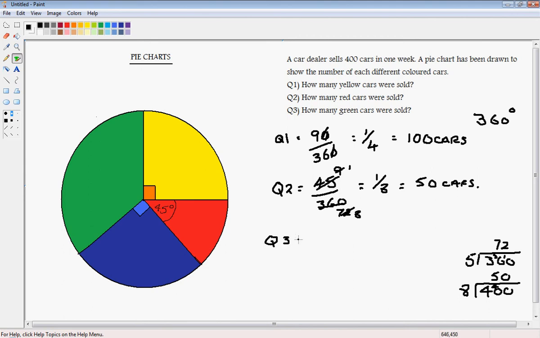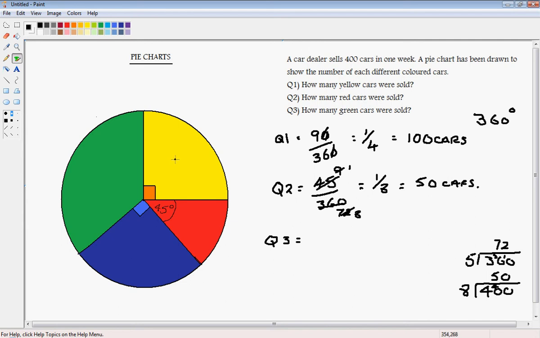Now we get to question number 3. There's different ways of doing this. I know that there's 360 degrees in a circle. I know that this is 90 degrees, this is 90 degrees, and this is 45 degrees. To find this angle, I could just add these angles together and take them away from 360 degrees. But what we can do is get a bit clever.